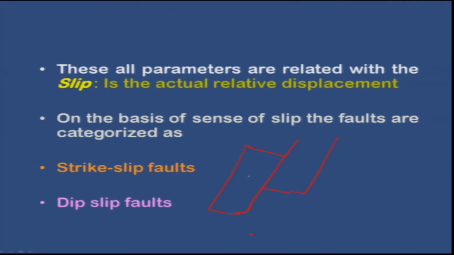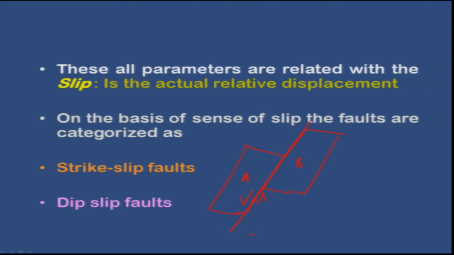So these are two blocks, say A and B. The movement here is that this has moved by this amount, so you can make out in which sense the block has moved. This is along the strike, so this will be the strike of the fault. Here we are looking at the plan view.